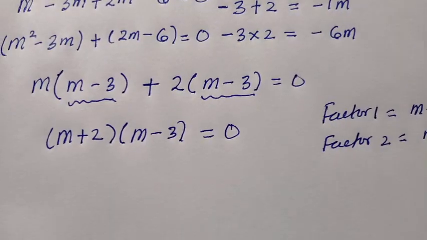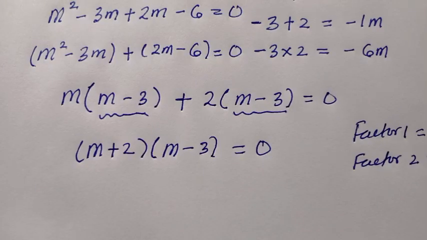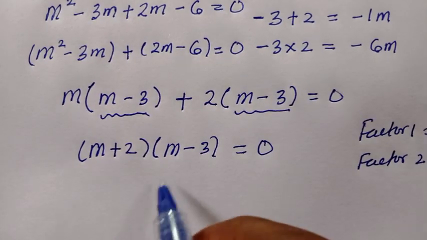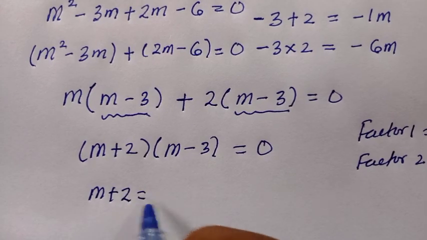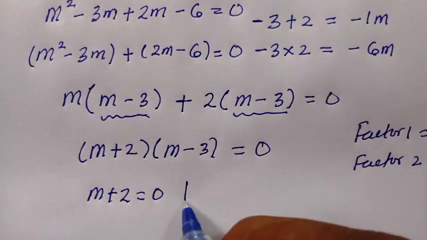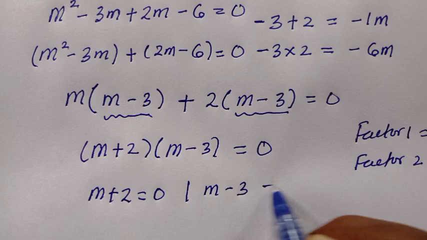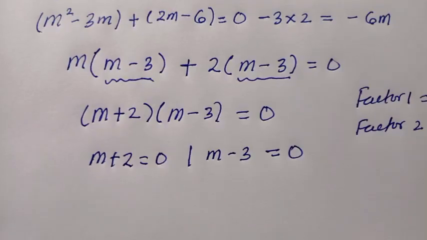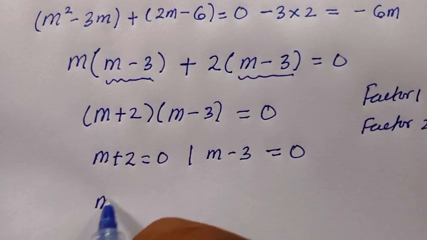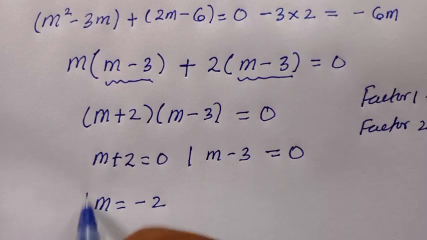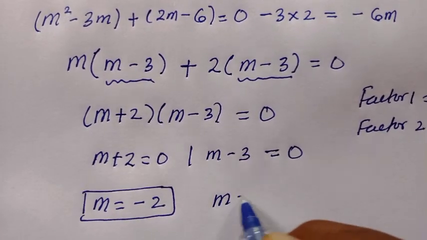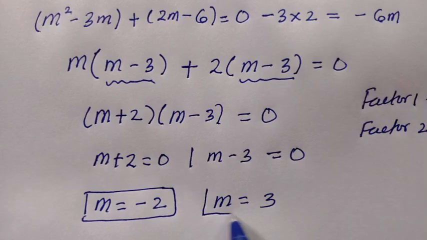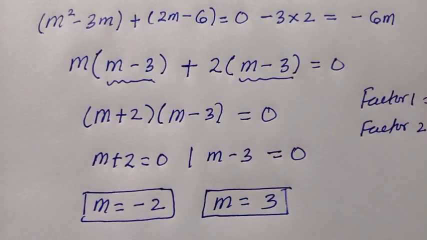And the next thing we need here is to find the roots of these quadratic factors. Here we have m plus 2, we let it equal 0, or m minus 3 equals 0. So then we have m equals minus 2, which is one of the roots, and also we have m equals 3, which is another root.